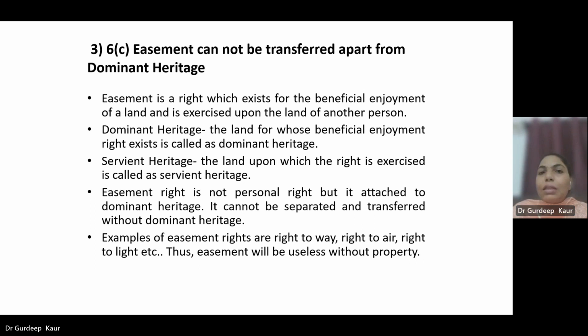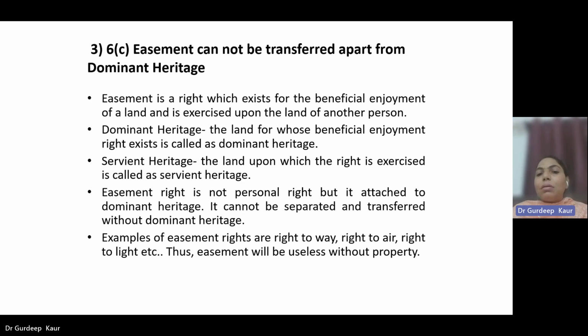The next restriction is that an easement cannot be transferred apart from the dominant heritage. Section 6, Clause C, talks about easementary rights. An easement is a right which exists for the beneficial enjoyment of a land or is exercised upon the land of another person. Here, the land for whose beneficial enjoyment the right exists is called the dominant heritage, and the land upon which the right is exercised by the person is called the servient heritage.